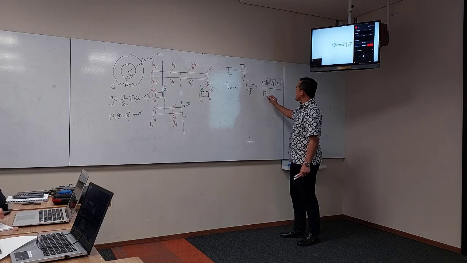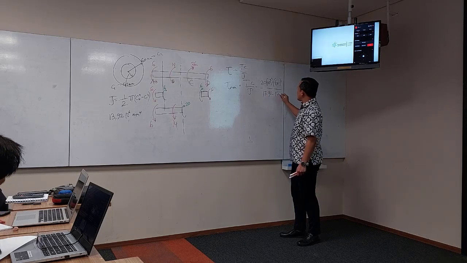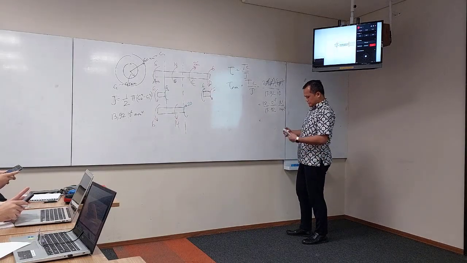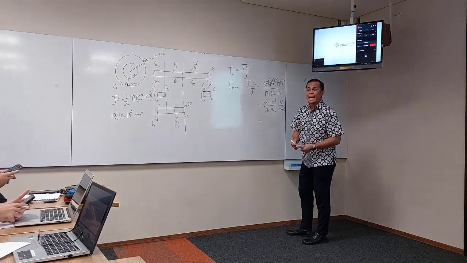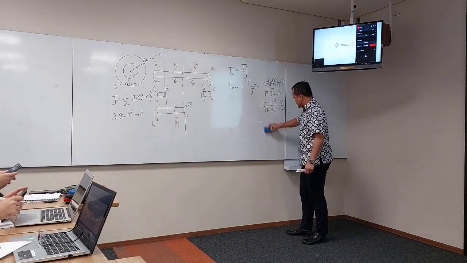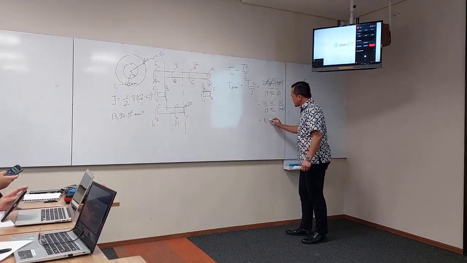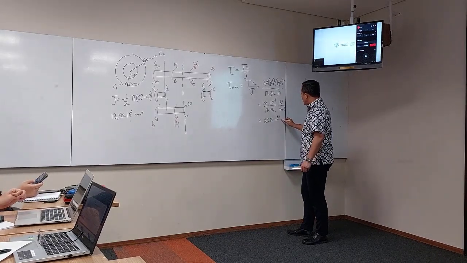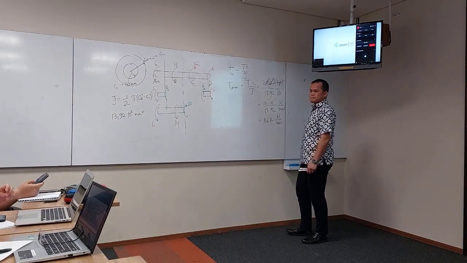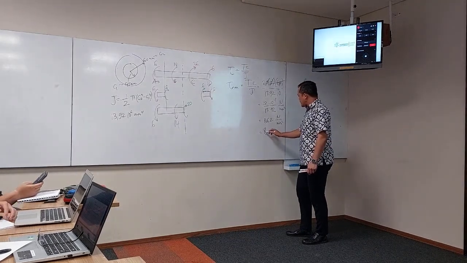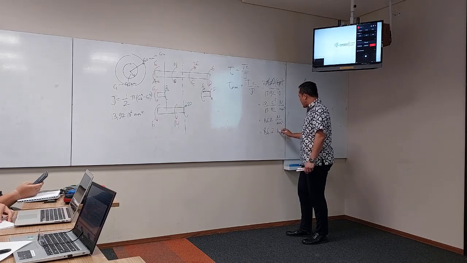J is 13.92 times 10 power 6. What is the result? 86.2 Newton over millimeter square, or it is 86.2 megapascal.